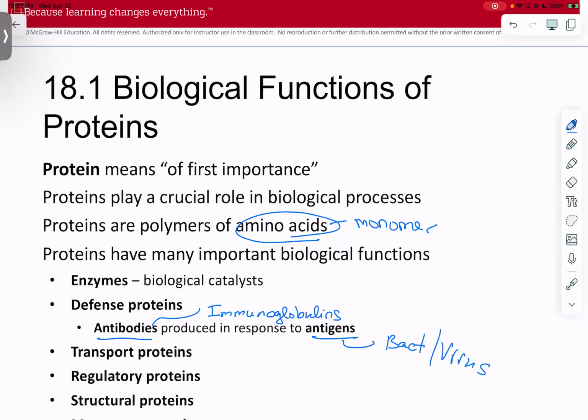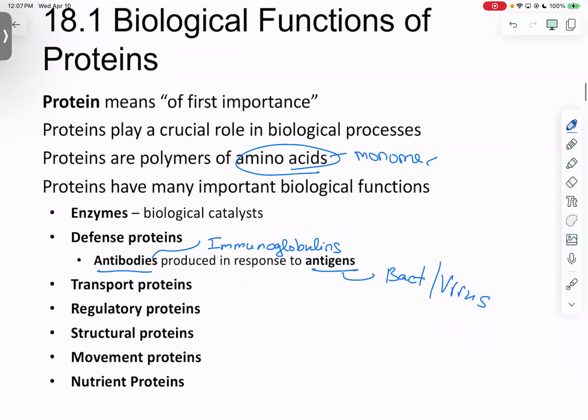Regulatory proteins, oh my gosh. Regulatory proteins are such a massively big category. They control everything, but for y'all, really, metabolism is big, reproduction is big, but they regulate basically everything.